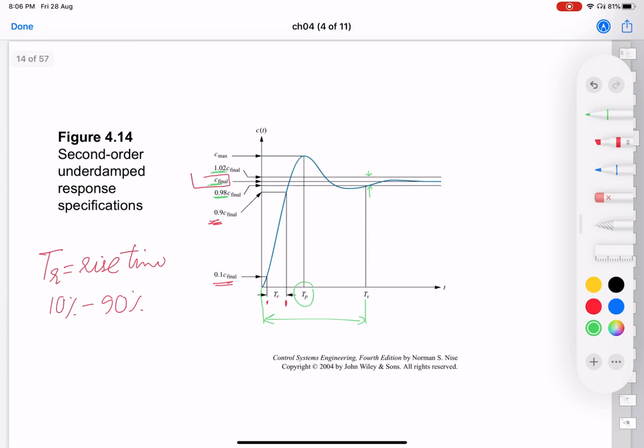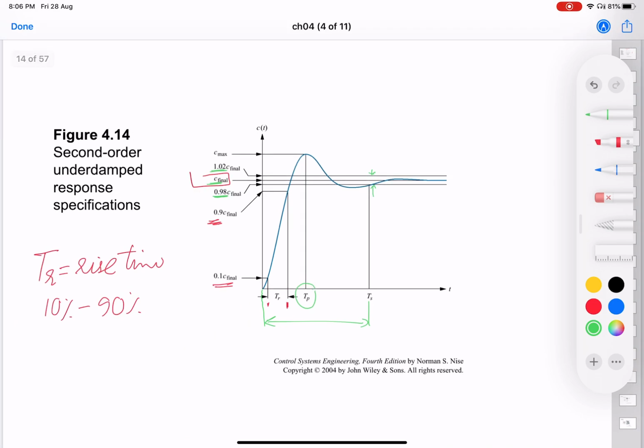So these are the three important specifications as far as the time is concerned. So let me repeat: the rise time, the settling time, where we're talking about plus minus 2% of C final, right? And the third one is the peak time, which is the time taken to reach the maximum value.